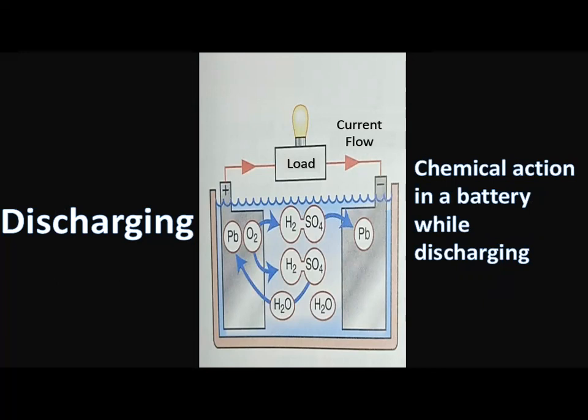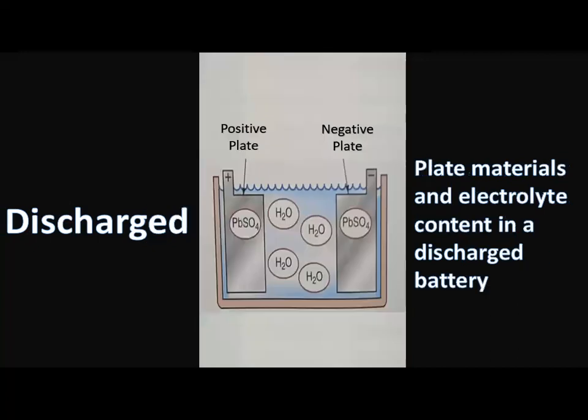As the battery discharges, the percentage of water increases in the electrolyte until it is fully discharged. In a fully discharged battery, both sets of plates are coated with PbSO4, and the electrolyte is mostly H2O with very little acid.